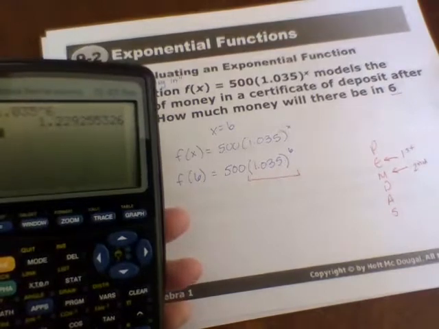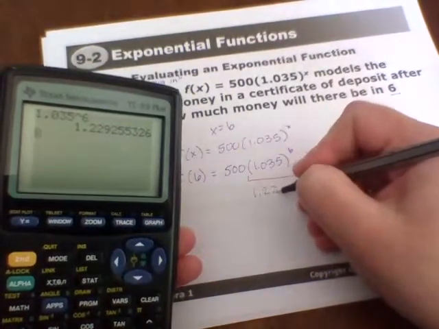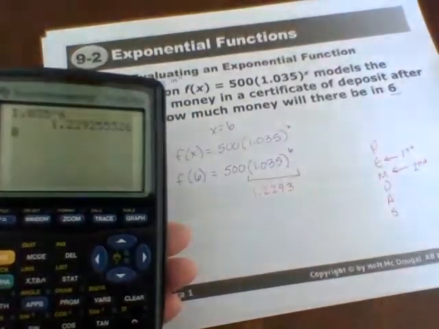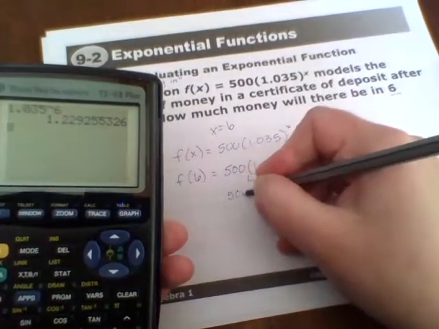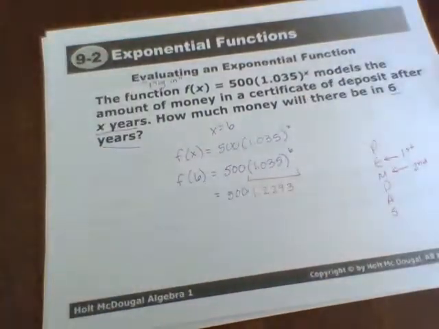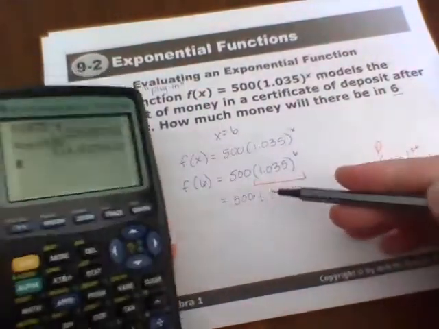And so 1.035 to the 6th leaves us with 1.2293. That's going to then be multiplied by 500. And so if we multiply it by 500, we will get the amount of money in the certificate after 6 years.